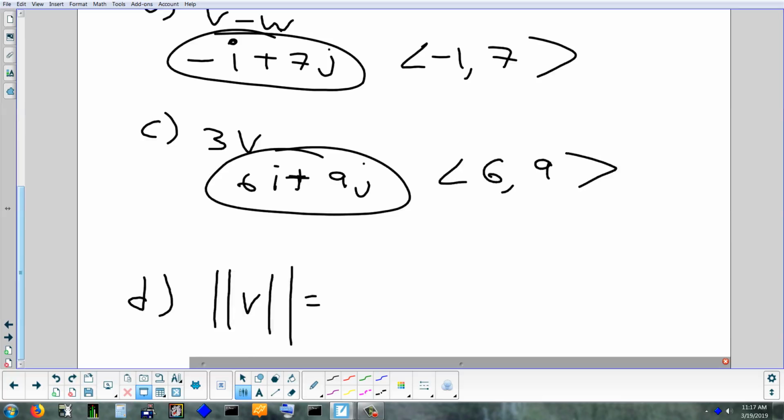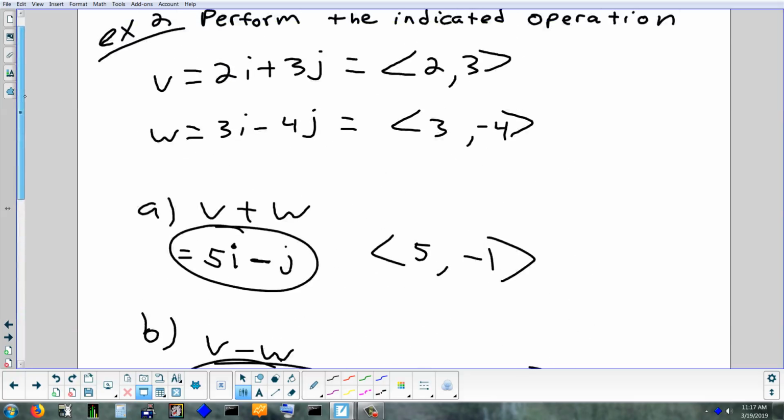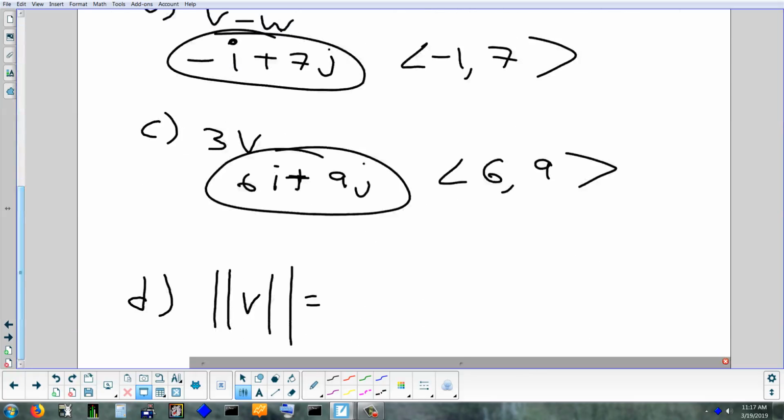Okay, so Ashley, if I want to find the magnitude of v, what's the first thing I should write down? You do like the Pythagorean theorem. So yep. You do 2 squared plus 3 squared, and then take the square root. 2 squared plus 3 squared. Take the square root.